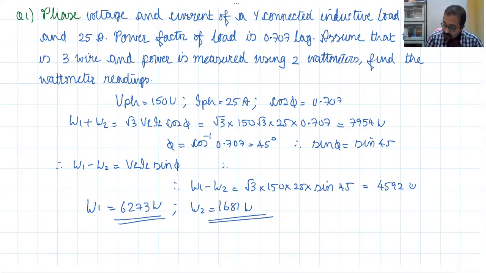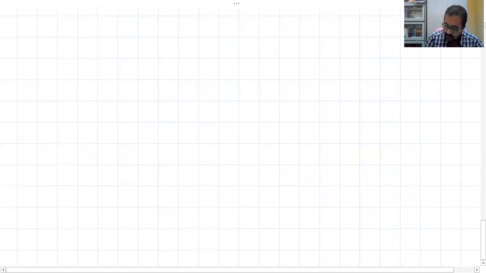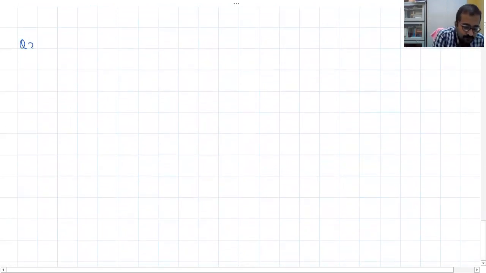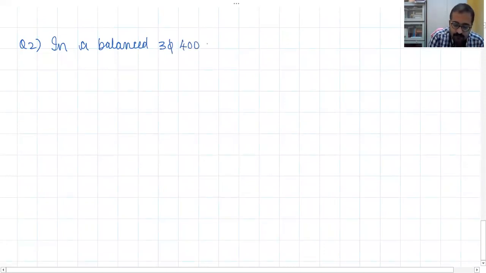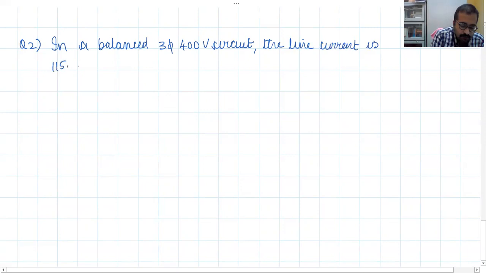Fine. Let us go to the next question. Question 2. In a balanced three-phase 400 volt circuit, the line current is 115.5 ampere.